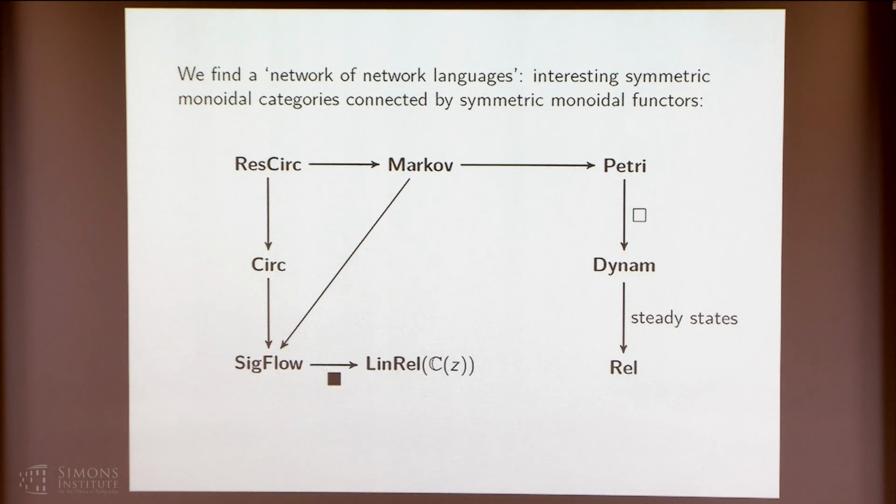But then you can go further. This is one of the main things Jason did: he studied how these signal flow diagrams that the control theorists use actually give rise to systems of differential equations. They're systems of differential equations which are linear and time invariant.